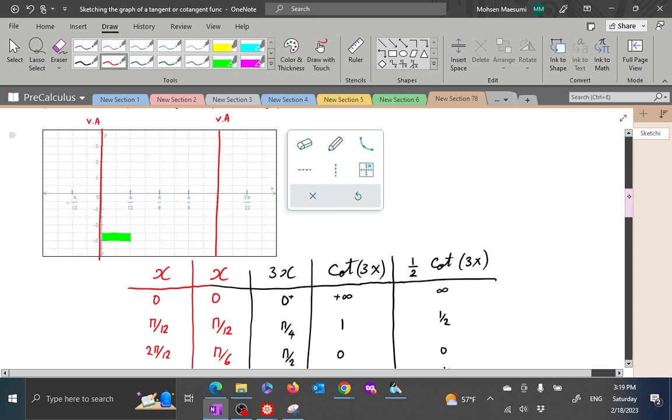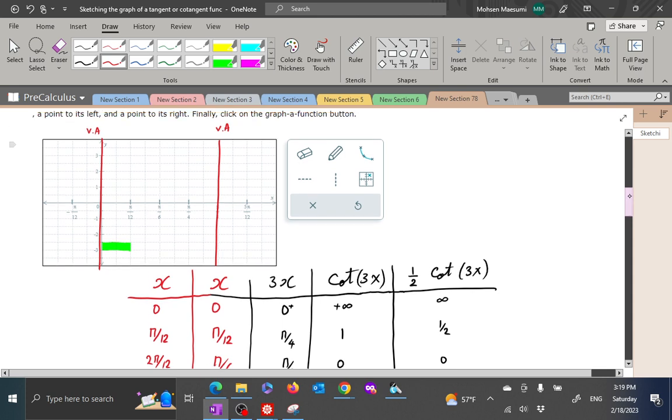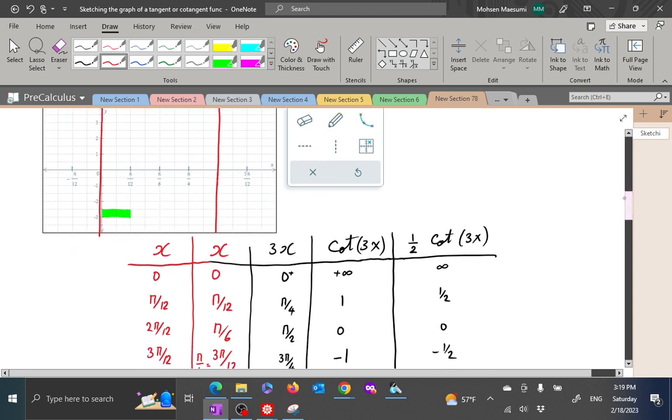Then we have the crossover point. Crossover point is at pi over 6. So pi over 6 is luckily labeled for us here. In case it wasn't, we would have used this value to help us count the number of blocks that we have and figure out where our crossover is going to be.